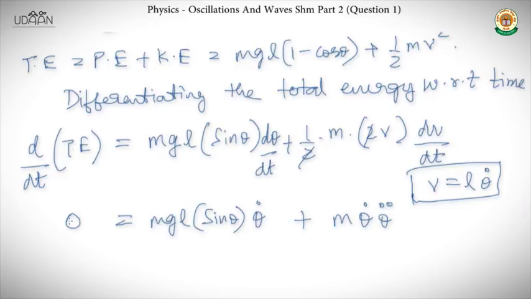and the left hand side will be 0 because the total energy is constant. Naveen, don't you mean m L theta dot? Because we replace V with L theta dot. I'm sorry, it's m L square. I'll rewrite this term. I'm sorry, it's m L square theta dot theta double dot. All right. And then take out mL.